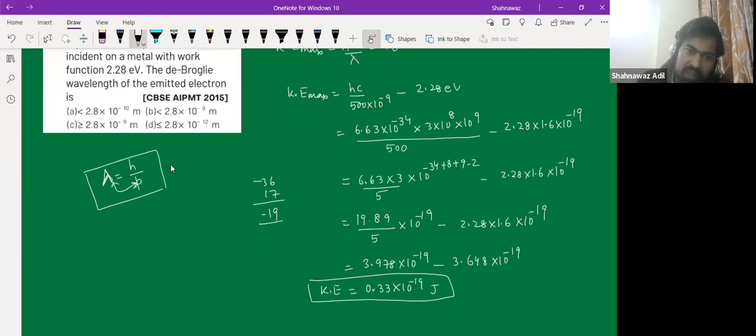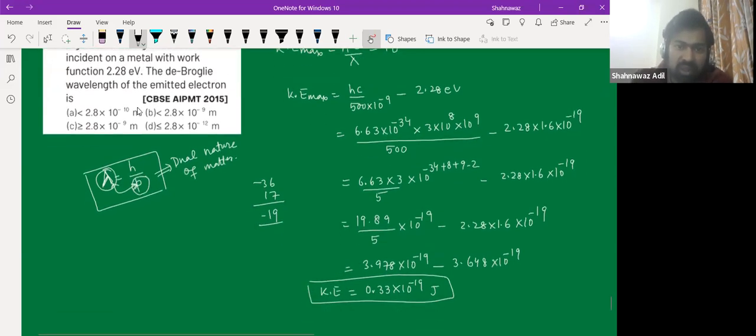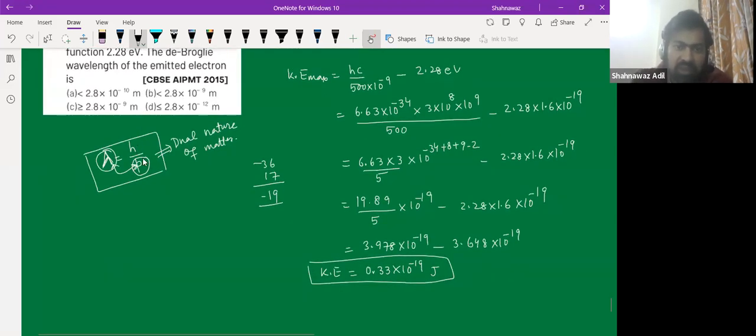This is the dual nature of electron, or dual nature of matter. We have not studied it, but in this question we have to use it: matter behaves like a wave and also like a particle.